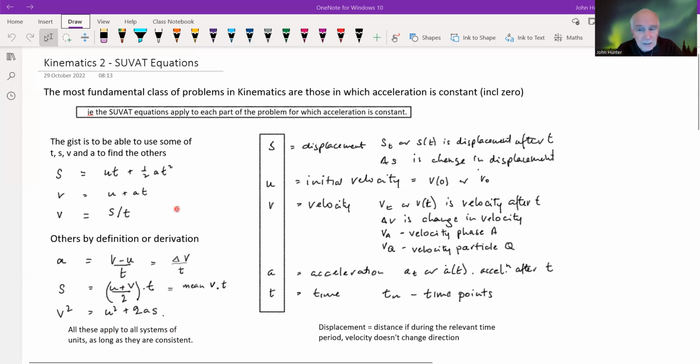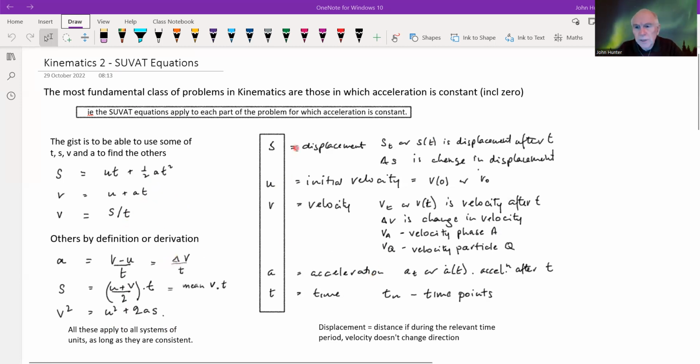Meters per second is absolutely the most common, but we may have problems in kilometers an hour, or millimeters per nanosecond, whatever. As long as you're consistent, that's the important thing.